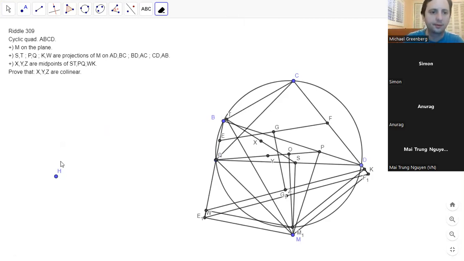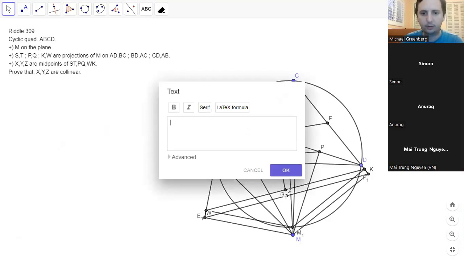Okay, so first, let O be the center of the circle ABCD, and we'll call the circle omega. Let OM intersect omega at M1. Okay.